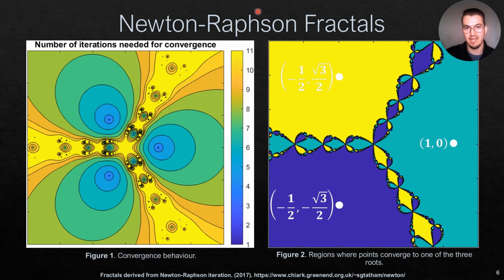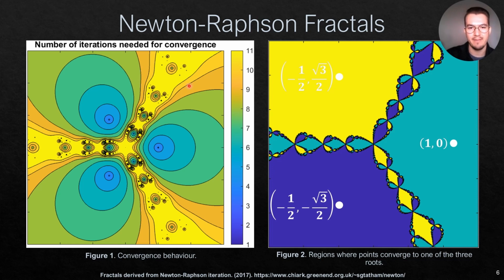More specifically, because we're using the Newton-Raphson method, they are known as Newton-Raphson fractals. The point where we found the root is colored depending on which solution is found and how long it took to arrive at the solution.